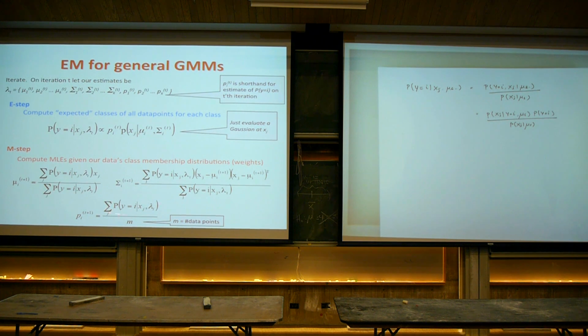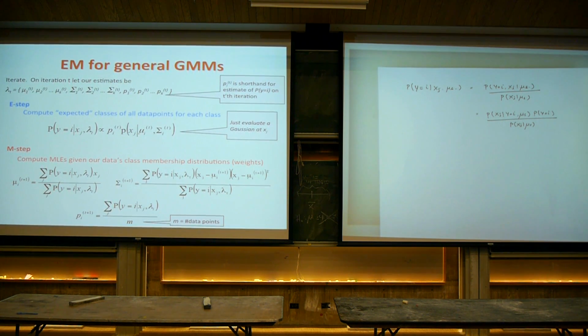So we just sum up all those probabilities and divide that by the total number of data points. Okay? So I hope this is making sense. It's just carrying forth what we did earlier for Gaussian Bayes classifiers, where we knew the labels, to now having a weight that each point comes from a class. Okay? So everybody okay with this?